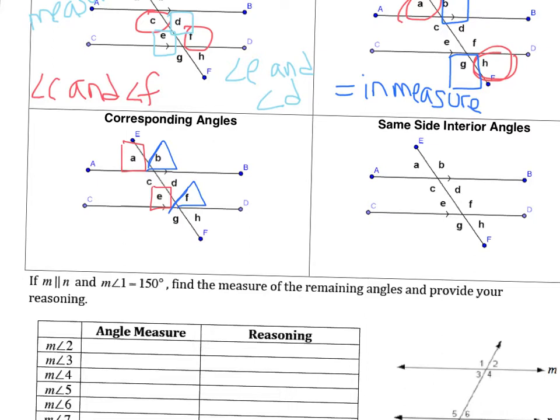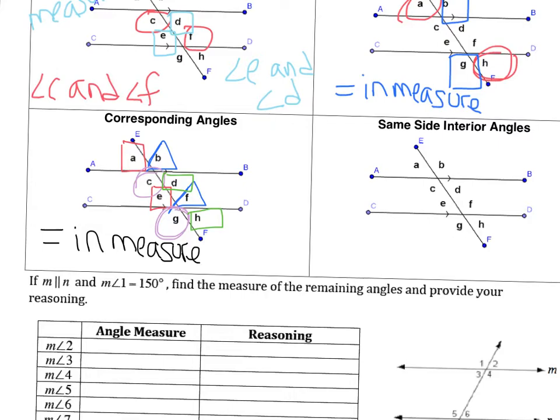They are equal. Another one would be angle C and angle G. Those are corresponding. And then the last ones that we have would be D and H. Okay, and again, these corresponding angles are equal in measure, meaning A and E are equal, B and F are equal, etc.